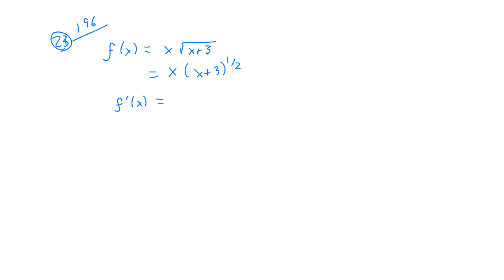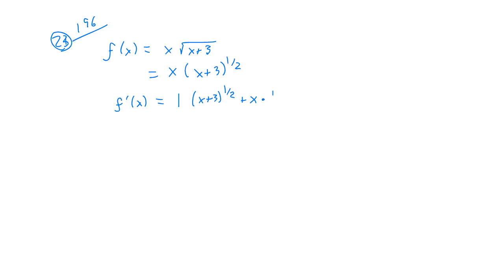So let's take the first derivative. Using the product rule, it'll be the derivative of the first times the second plus the first times the derivative of the second. And for the derivative of the second, I have to use the chain rule.